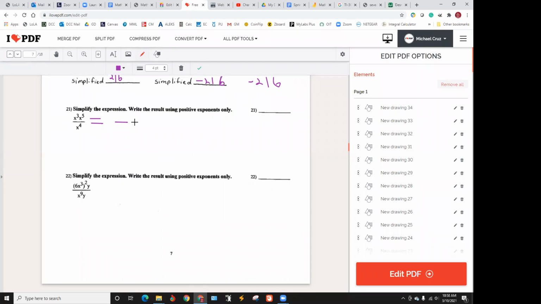So in the numerator, it's x, the same base. And this one's going to just stay fourth. And then up at the top, 3 plus 5 is 8. So x to the 8th.